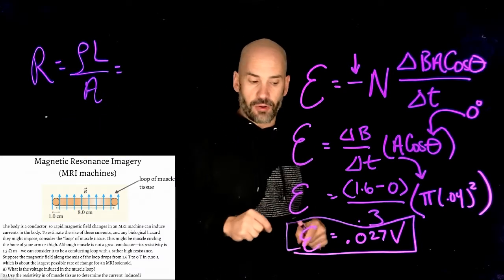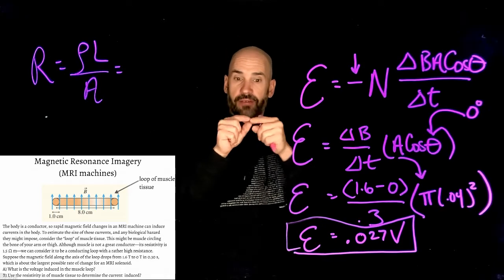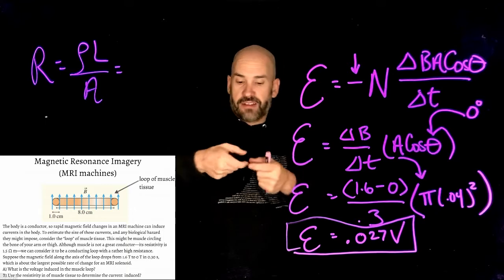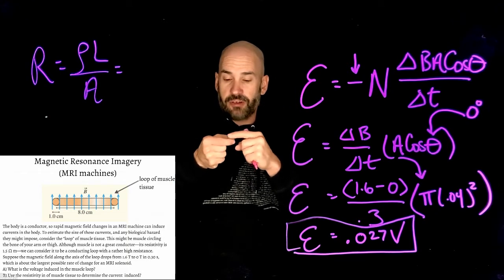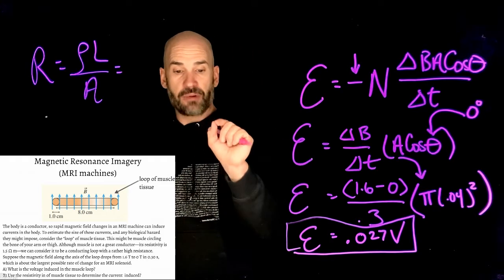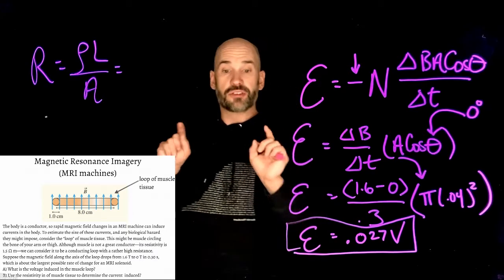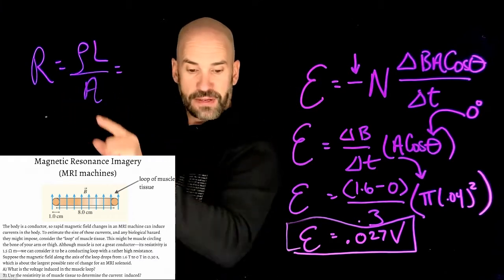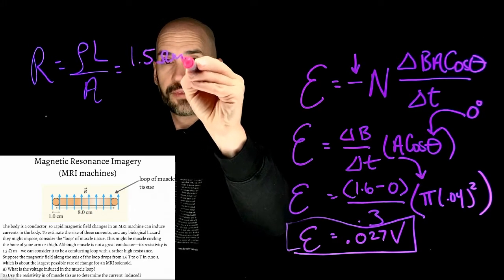So it looks like here they actually give us the diameter of the material itself, the muscle that it's actually made out of. That is 1 centimeter. So that radius is 0.5 centimeters.